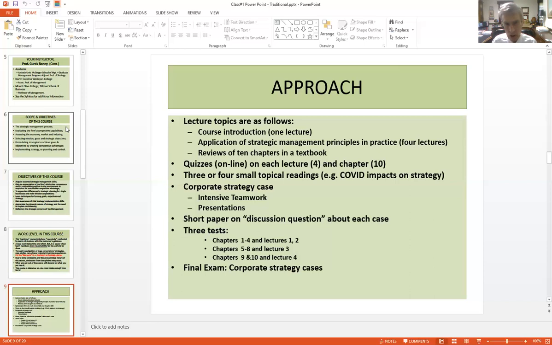After each case has been presented, these will be in the last 2 or 3 weeks of the course, after each team has presented its case, we'll have a little discussion and I'll try to identify a key issue, a strategic issue that exists in this case that makes it particularly interesting or important. And then I'll ask you to write a little paper about it, not a big, huge report, just a short paper.